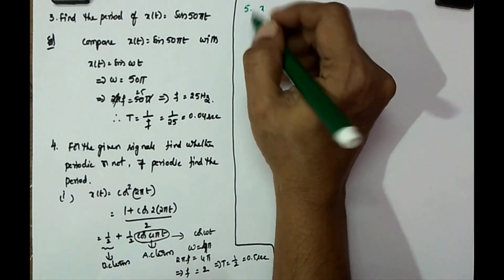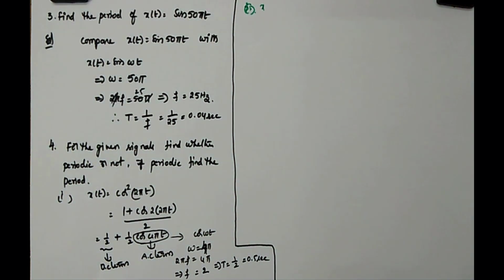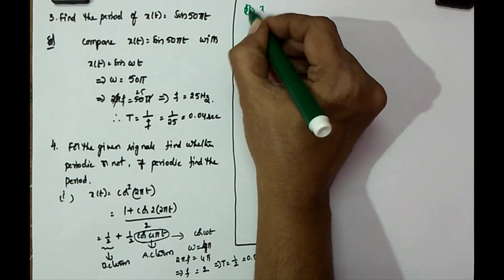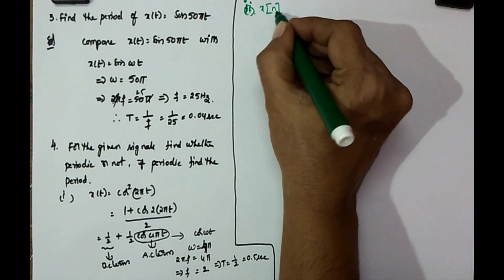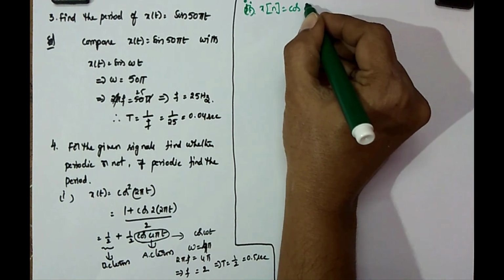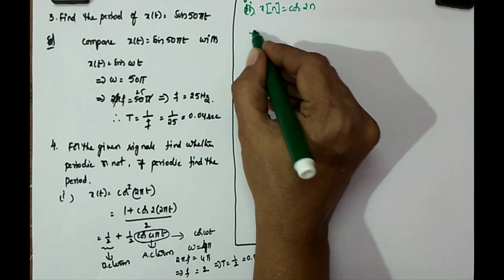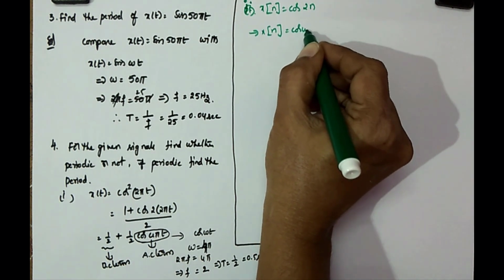Under the fourth problem, it is the second one. X of n is equal to cos 2n. Just compare it with the general expression x of n equal to cos omega naught n.